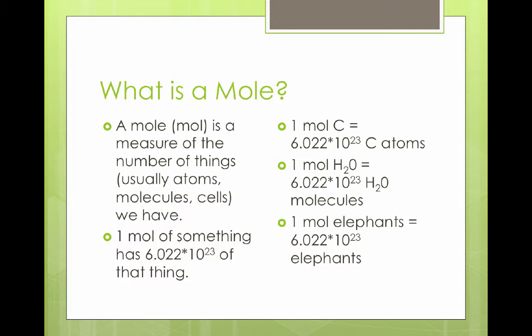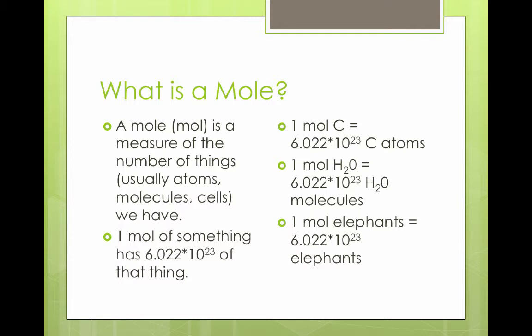A couple of examples are 1 mole of carbon atoms is equal to 6.022 times 10 to the 23 carbon atoms. Same thing for a mole of water. It's that number of water molecules.